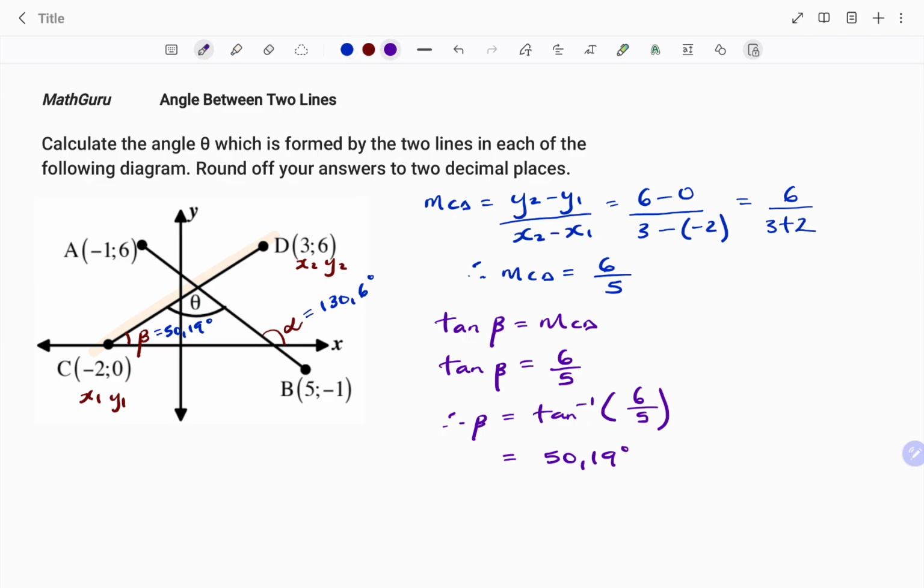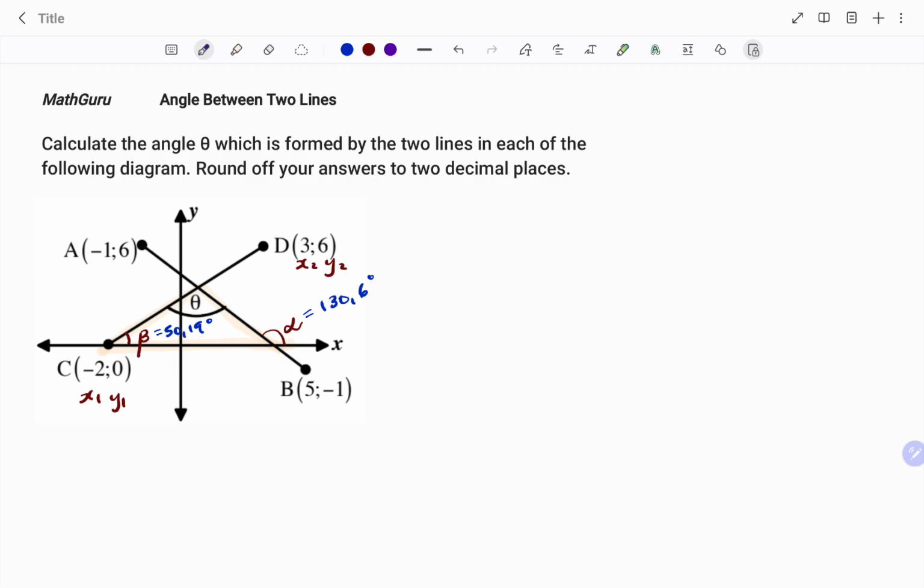Now, in order to find my theta, I know that the external angle of a triangle is equal to the sum of the two interior opposite angles. So I'm going to be using the triangle highlighted such that I have the angle alpha, which is the external angle, equal to the sum of the two interior opposite angles, which is equal to my beta plus my theta.